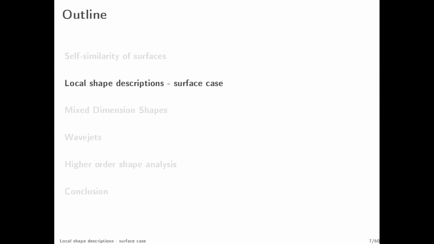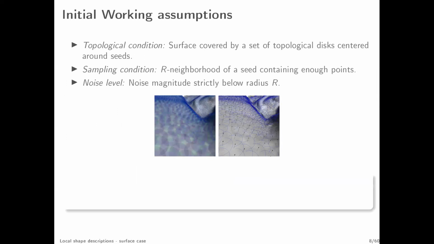So let's just have a first look at what we started doing. When we have a real surface, we'll need to make some small mathematical assumptions for it to work in practice. So first, we'll have a topological condition, which means that a surface can be covered by a set of topological disks.